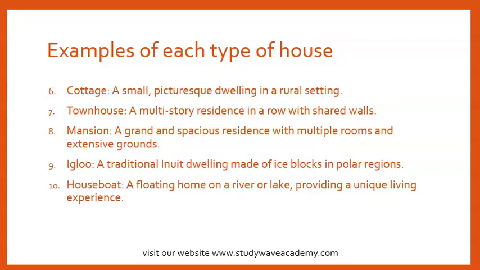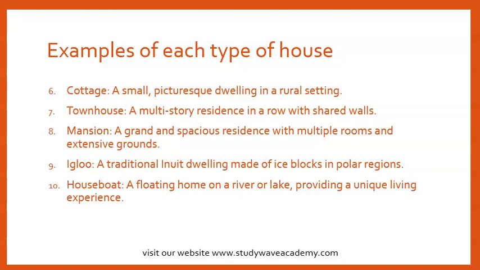Mansion, a grand and spacious residence with multi-rooms and extensive grounds. It's a really big fancy house with a big yard. Igloo, a traditional Inuit dwelling made of ice blocks in polar regions.